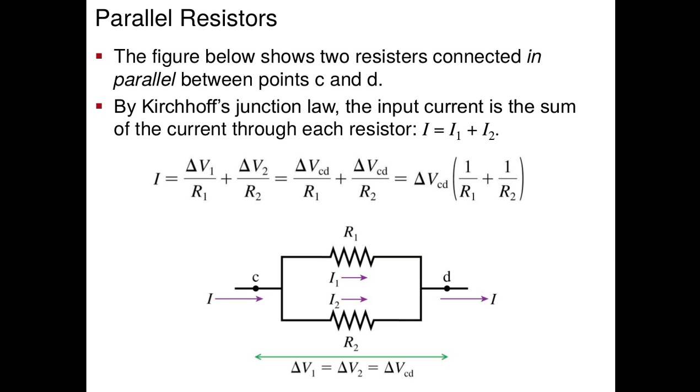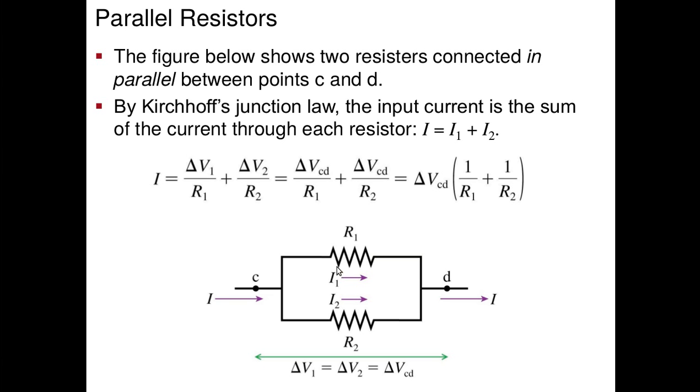What we realized was that if we had two resistors in parallel connected to a battery, let's say we have a battery connected at points C and D with a voltage applied, when we took the voltage across R1, we got the voltage of the battery. When we got the voltage across R2, we also got the voltage of the battery. So these two resistors are acting like one resistor that's using up, quote unquote, the voltage applied by the battery.